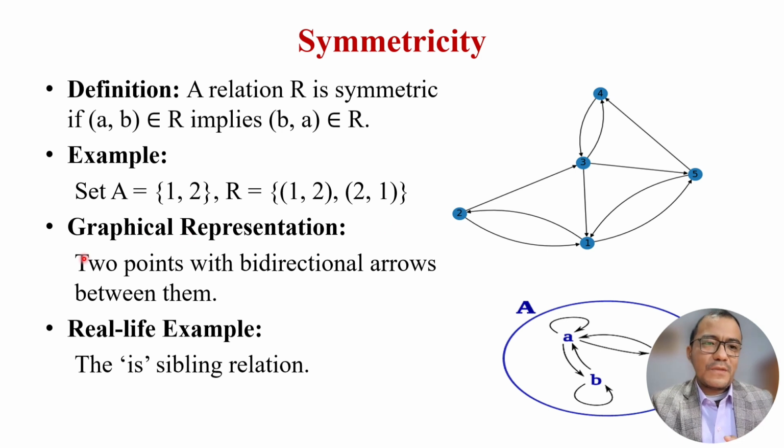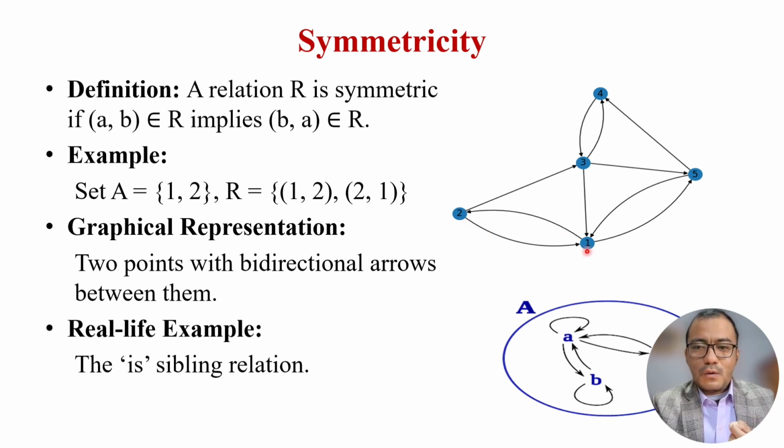For the graphical representation, two points are joined with bidirectional arrows between them. Let's check in the graph mentioned here. At first (1,2) is here, and again (2,1): from 1 to 2 it is directed, and in this way 2 to 1.